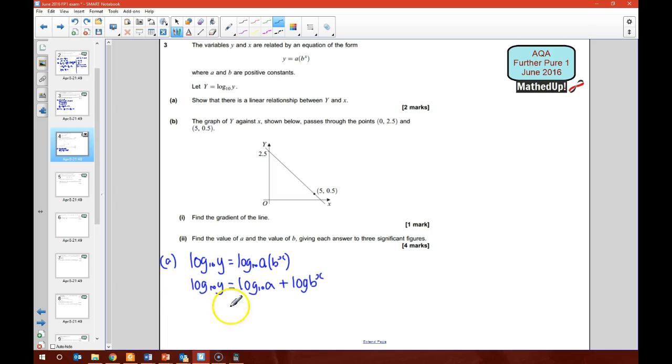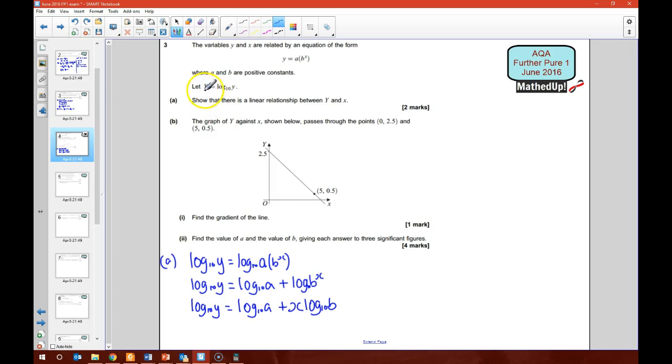So further to this, using my log laws again, I know that this is going to be equal to x log b, with base 10. So I can rewrite this as log of y is equal to the log of a plus x times the log of b.